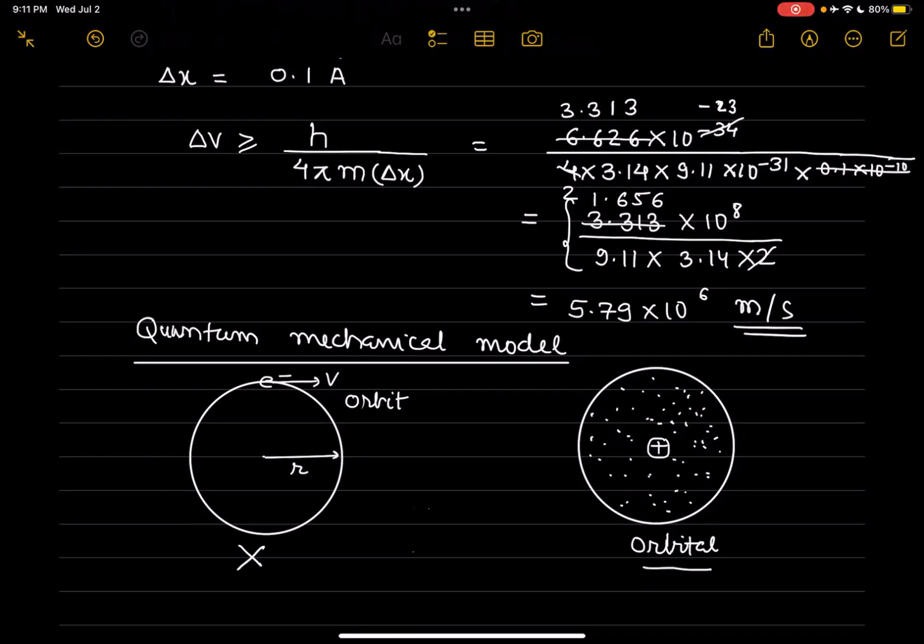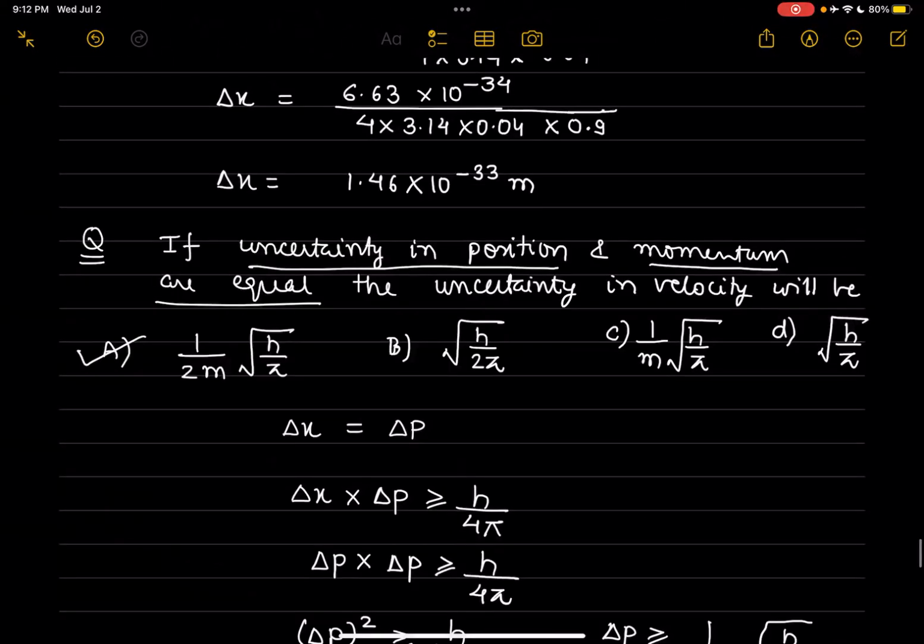Why is something changing in multiples? Because a wave nature is there. We have seen wave nature, right? Because of the wave nature, you cannot figure out the position of the electron.